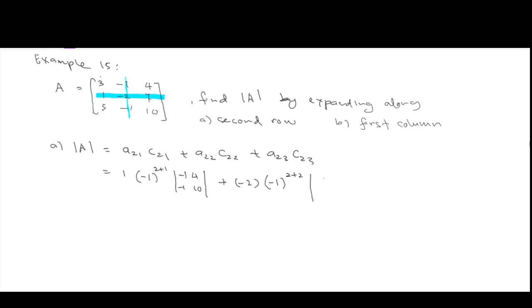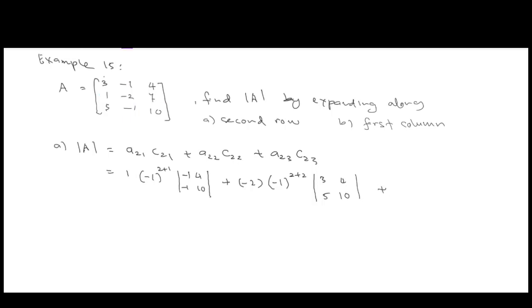So the minor is the determinant of [3, 4; 5, 10], plus the element a23, that is 7, multiplied by its cofactor, -1 raised to the power of 2 plus 3, times the minor. For the minor, we delete the second row, third column. So we have the matrix [3, -1; 5, -1].